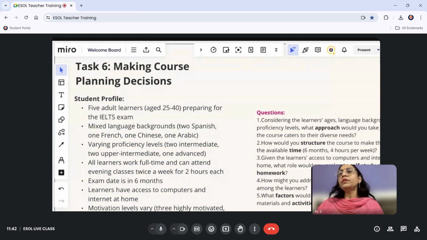Maybe they are from a graduate course or undergraduate or PhD course, or they also want to give a TOEFL exam or other exam, or they have enrolled themselves in other courses. So I should make the course according to their need. First, I try to check their efficiency level and aptitude level by providing aptitude tests.